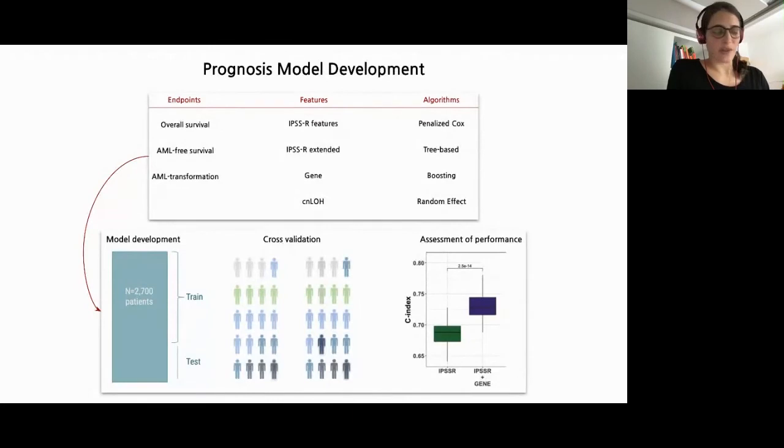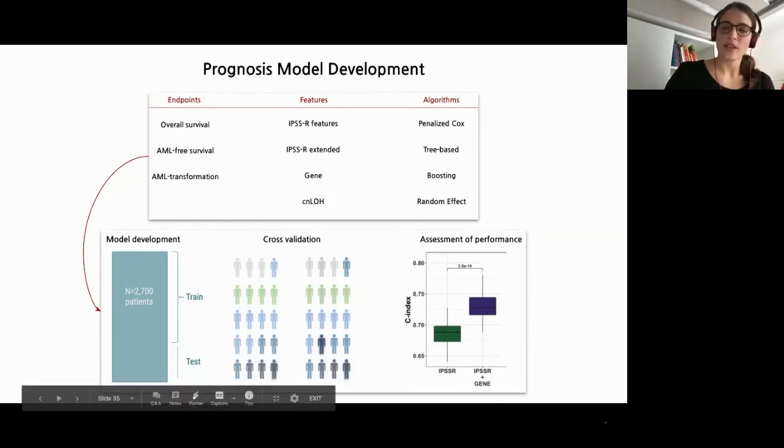Feature definition, which I've been talking about, includes state-of-the-art clinical features, blood counts, blasts, and cytogenetics, as well as gene mutations encoded as binary gene mutations, or at the level of hotspots, or at the level of monoallelic versus biallelic states, together with novel biomarkers that include copy-neutral LOH or others. And we're testing different algorithms in a cross-validation framework and assessing performance with survival-specific measures such as the C-index.